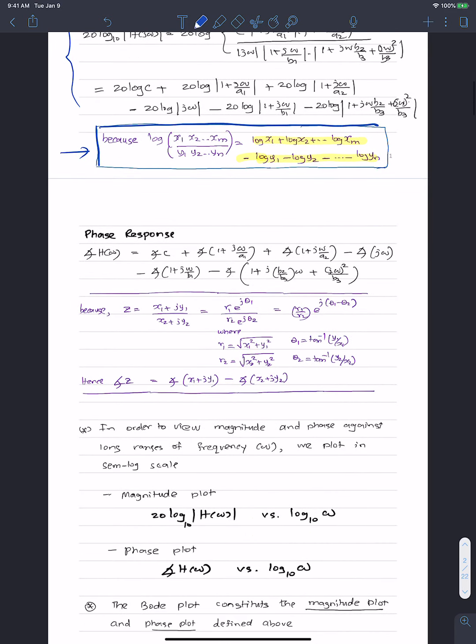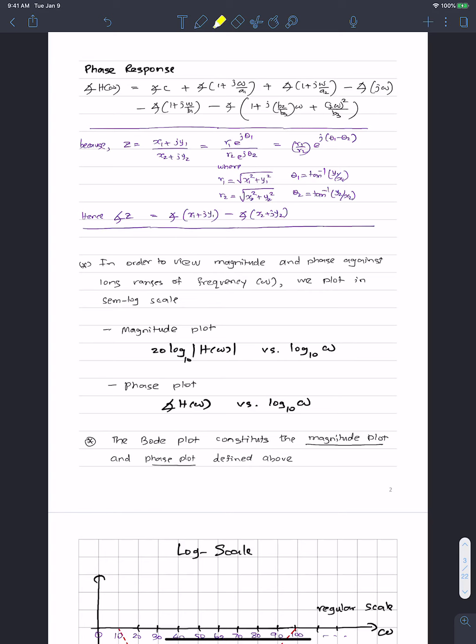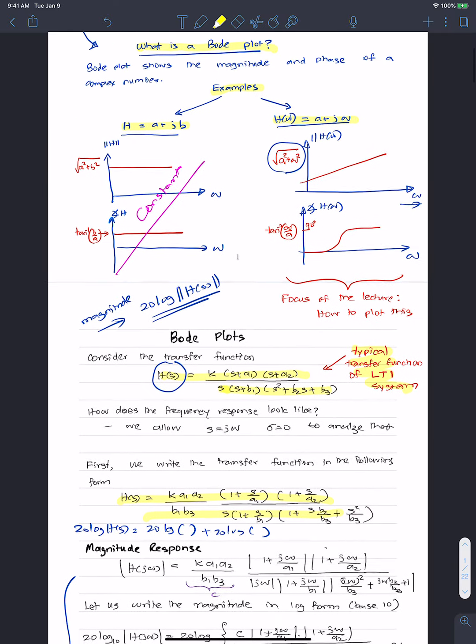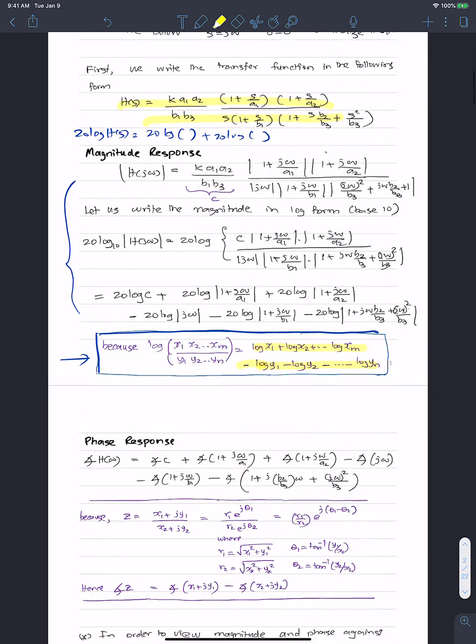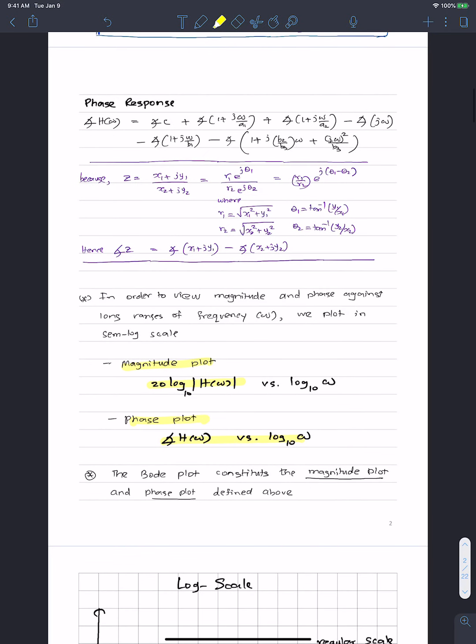Now, to sum up, 20 log of H(omega) is the magnitude plot, and then the angle we will find using different ways, like tan inverse of B over A for the examples here, but we will do more examples too. To summarize, a Bode plot is the magnitude and phase of a complex number. So that is a magnitude and that is a phase.